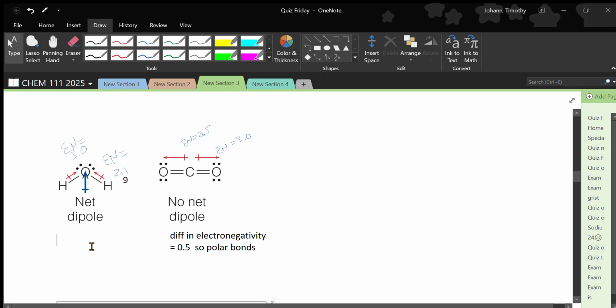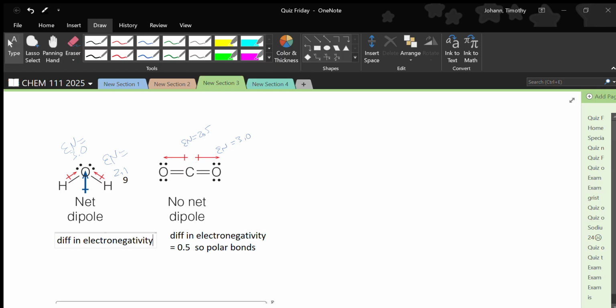Over here, the difference in electronegativity equals 0.9, 3 minus 2.1, so polar bonds. So polar bonds in both cases.